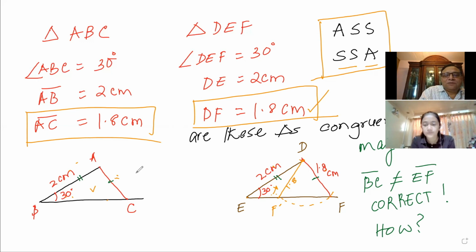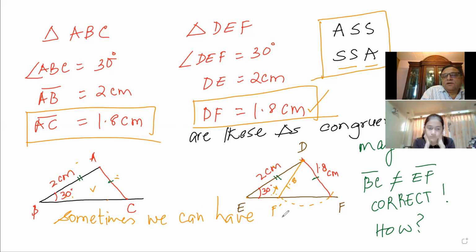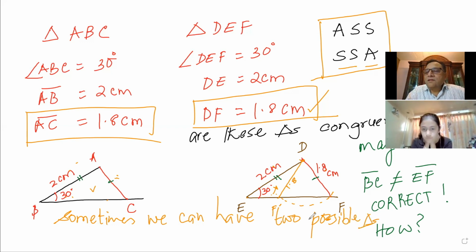Sometimes, not always, we can have two possible triangles. Is that okay? We call this the ambiguous case. You'll learn later what the condition is. We call this the ambiguous case.